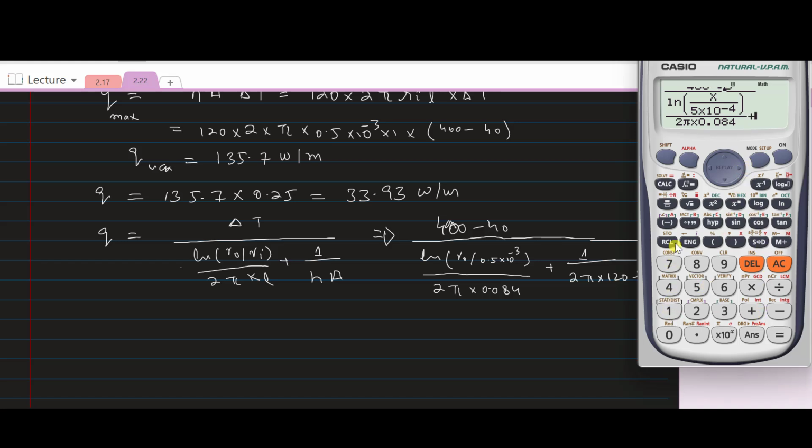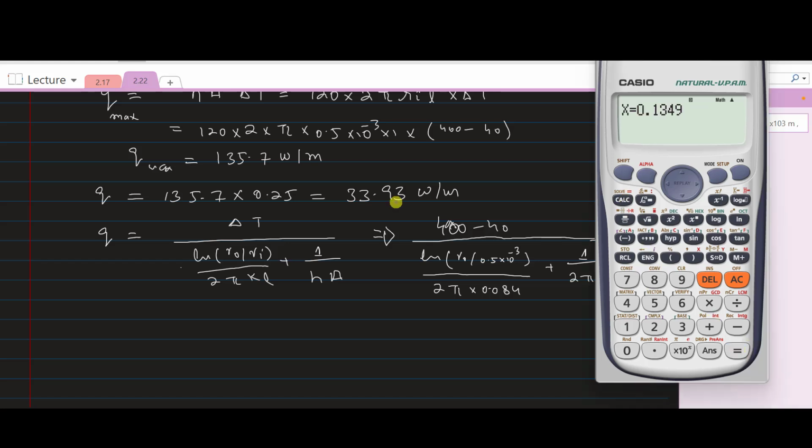Next, I press again this math button, and there is one denominator: 2 shift pi and multiply with 120, and then again we have the R0 value, x. Then alpha equal, that is 33.93, and then shift solve for x.